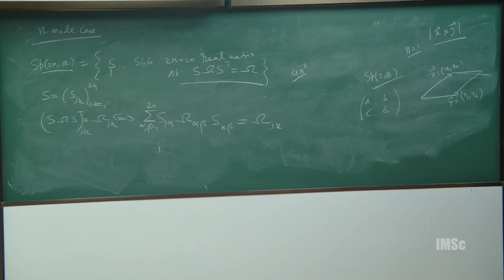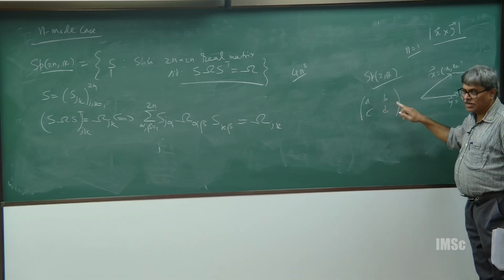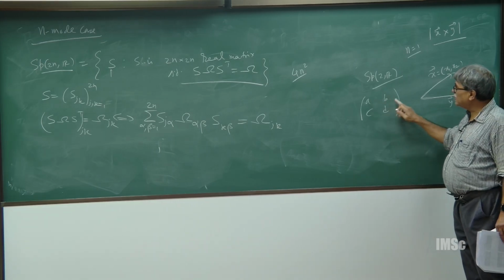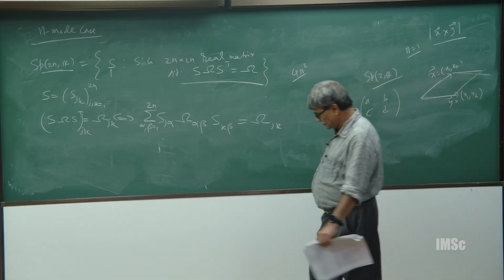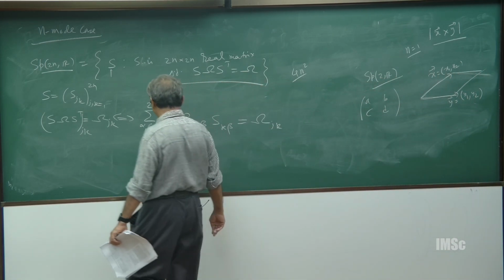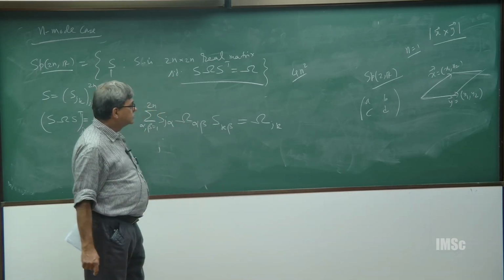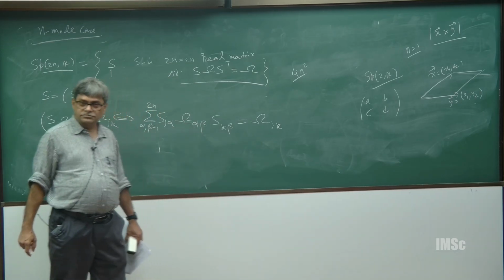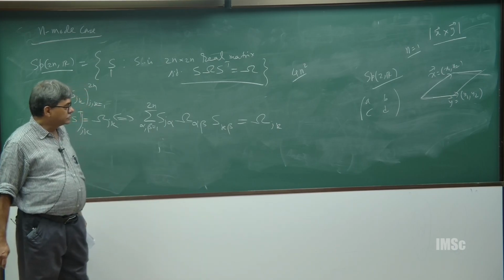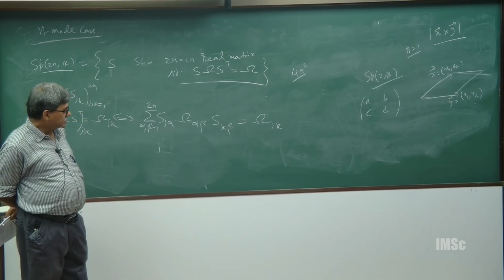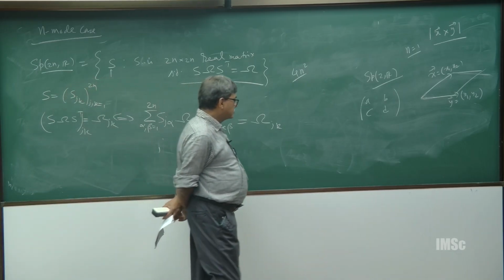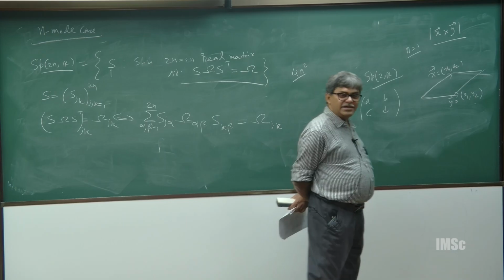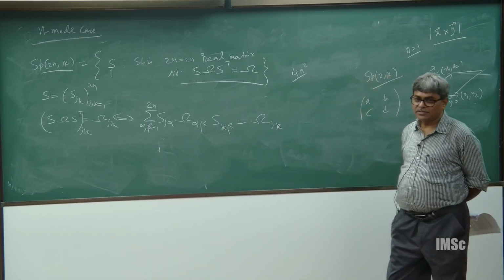So this is a real 2 by 2 matrix. What sort of constraint will this impose on it? Basically it is the determinant condition.